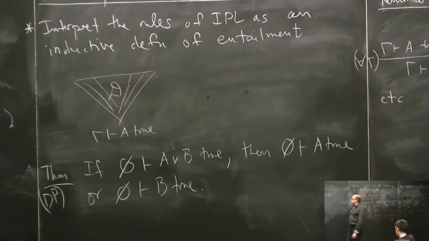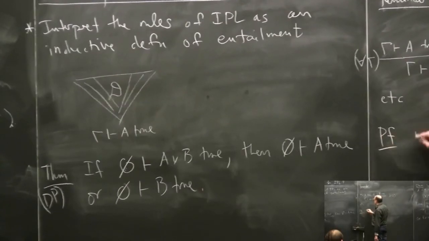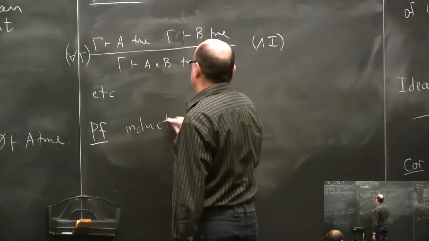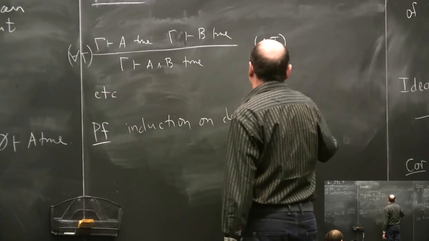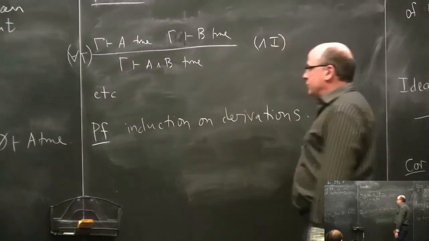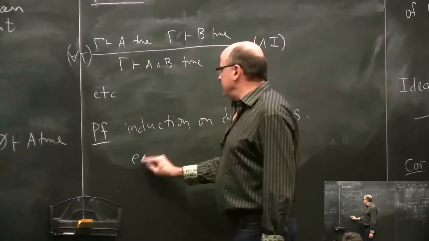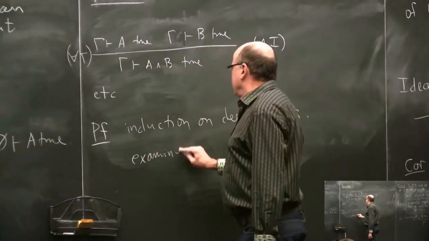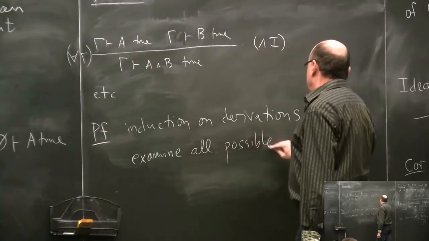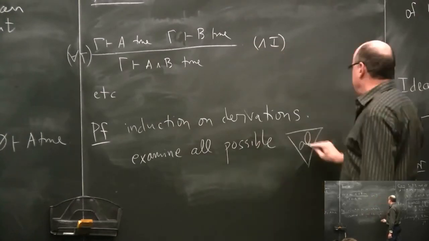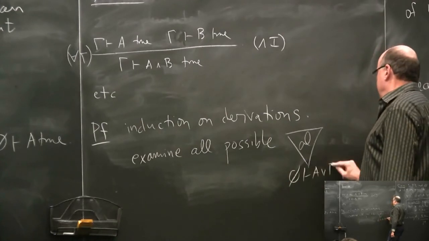And how do we prove this? Well, the proof would be something like an induction on derivations. I want you to see basically how this breaks down. So you do some induction on derivation. That is, you examine all possible derivations D that end with A or B is true.